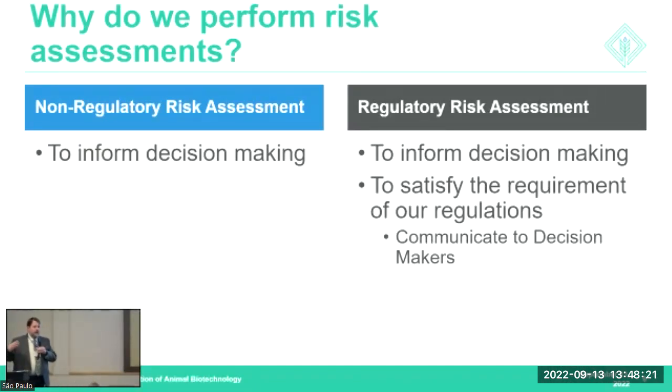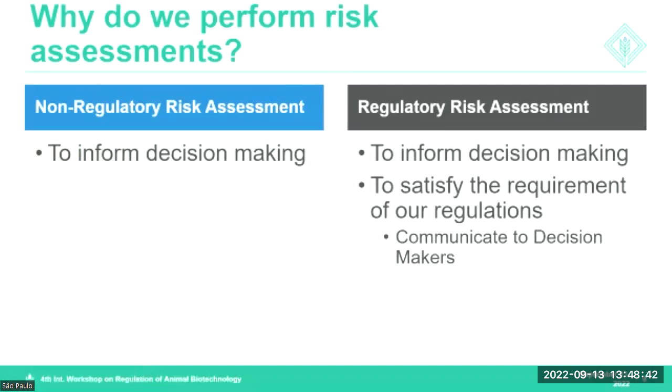They're biologists, they're ecologists, they're entomologists, but almost never is the decision maker an ecologist or an entomologist or an agronomist. So the very first person we need to communicate our assessment to is the decision maker. So we need to understand how to talk to normal people about the science that we use to inform our risk assessment.